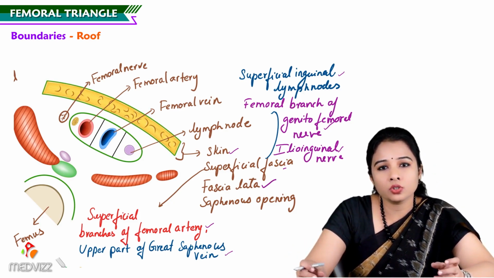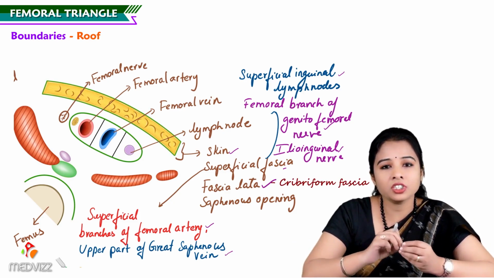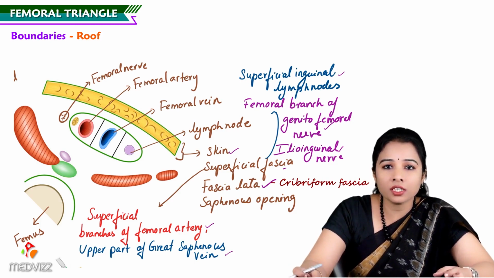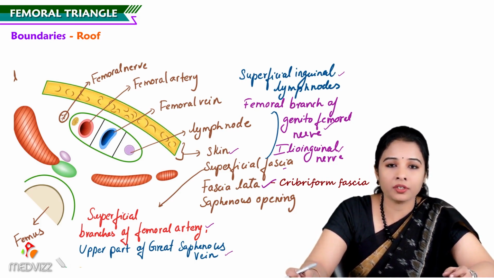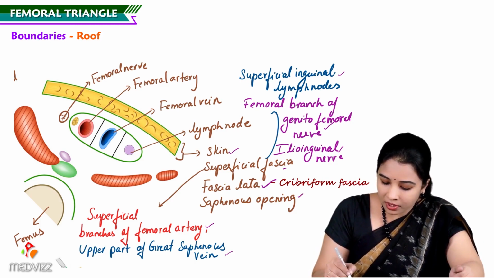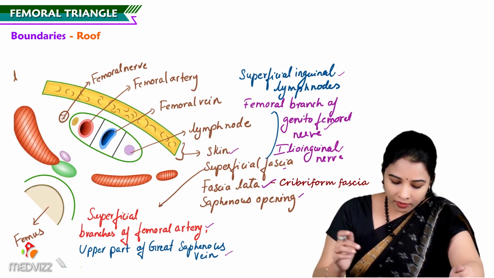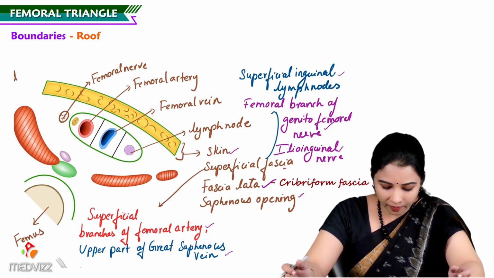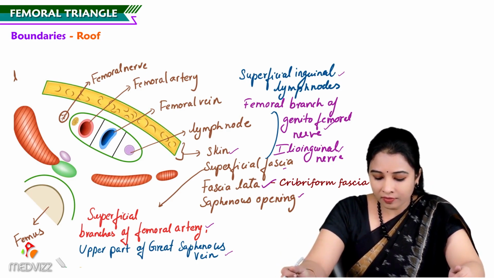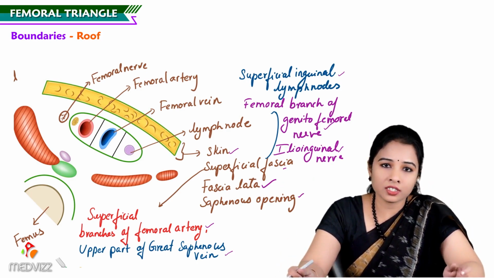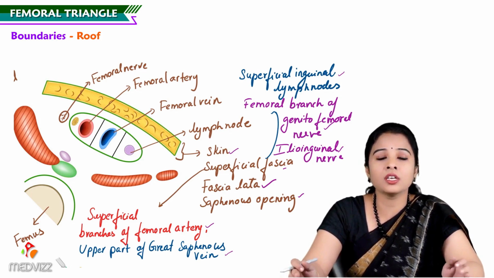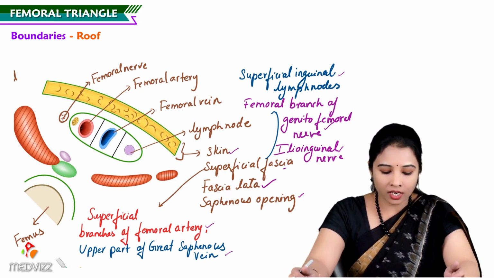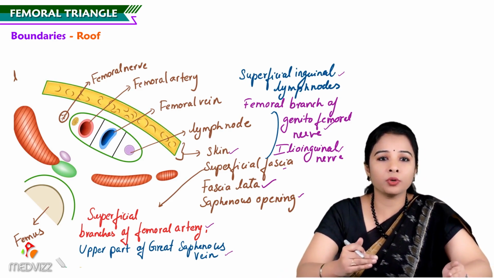Fascia lata shows a cribriform fascia, meaning a fascia containing openings, holes, exposing an opening called the saphenous opening. And as we know, the saphenous opening is present within the fascia lata. Even the upper part of the great saphenous vein is present within the superficial fascia, and along with it, the superficial tributaries of the great saphenous vein are present along with the branches of femoral artery. So all these are the structures forming the roof of the femoral triangle.